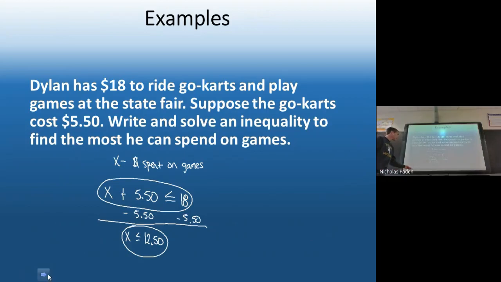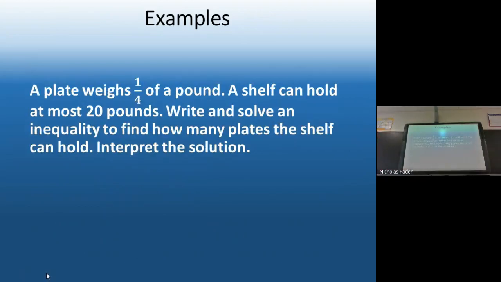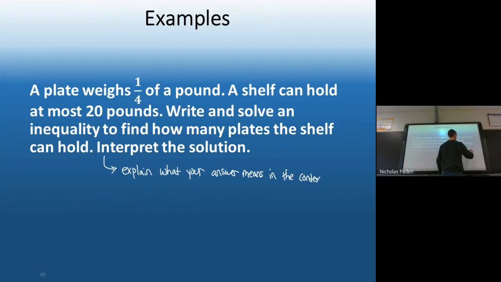Okay, as we move on to our next example, there is one thing that I want you to get down on your notes paper, and that is this right here: interpret the solution. If you see interpret the solution, that means explain what your answer means in the context of this problem.